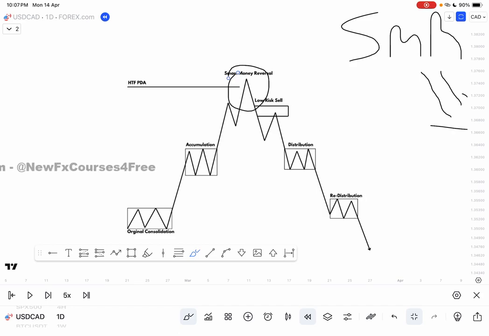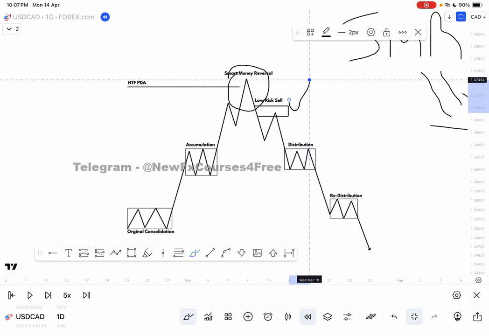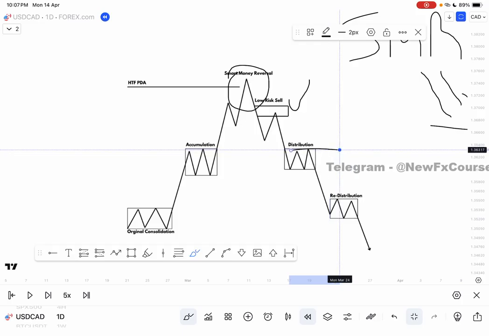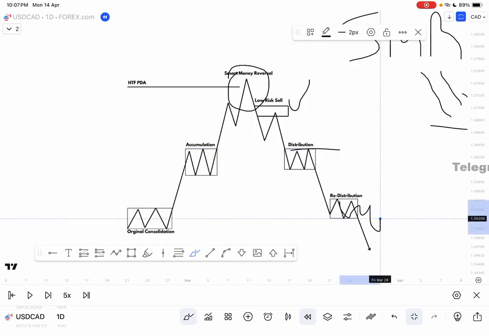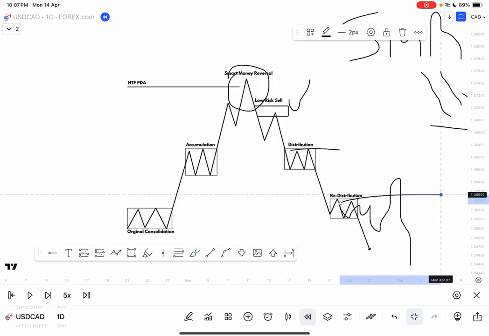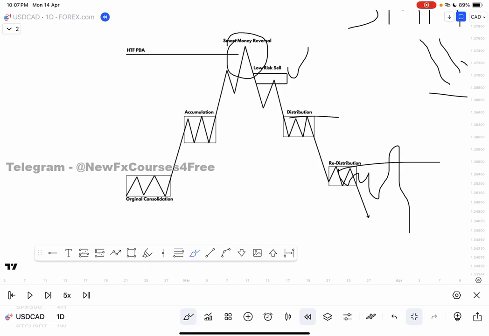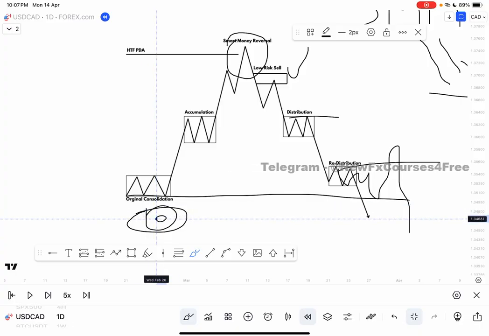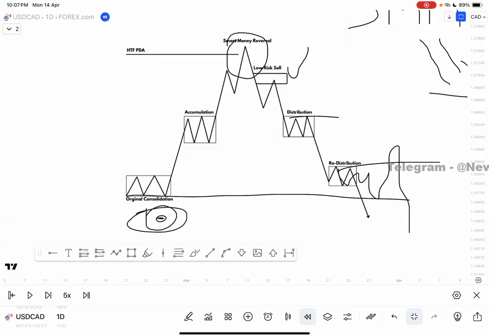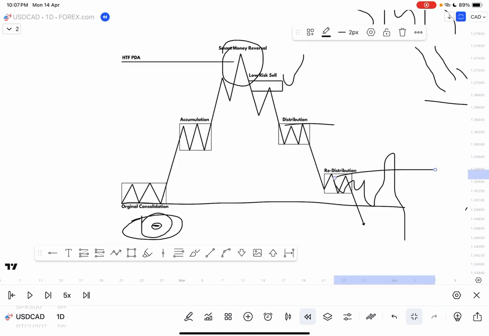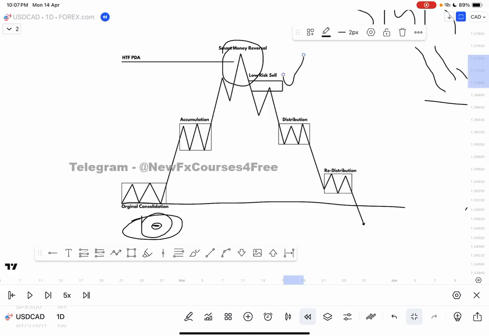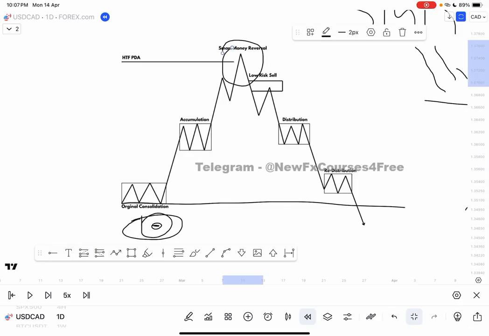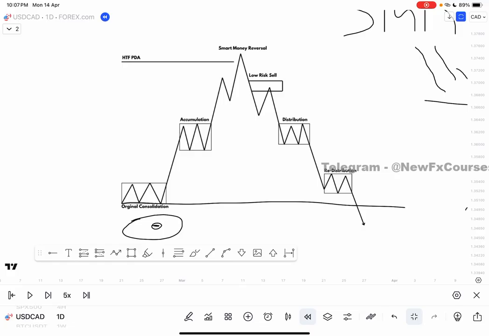And you can also take your low risk sell here, or you can wait for redistribution here, or you take your last turtle soup, your kiss of death turtle soup, targeting where these equal highs are below your original consolidation. So that's just it. So this is actually the first diagram on the market maker sell model.